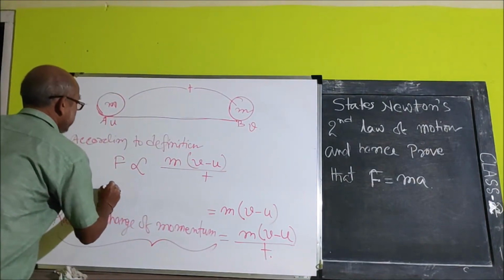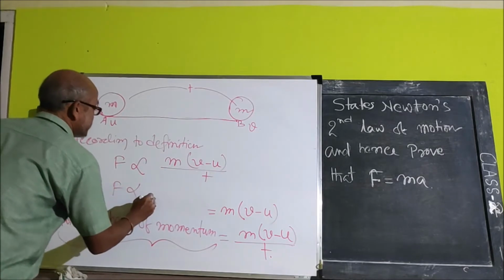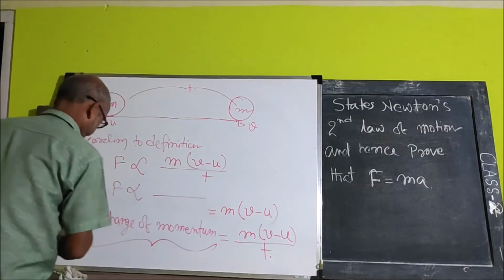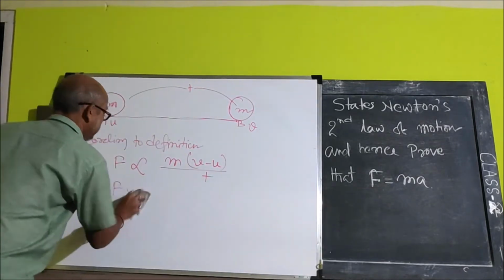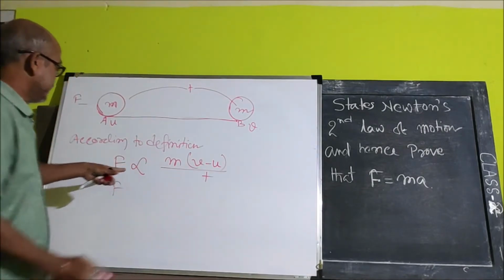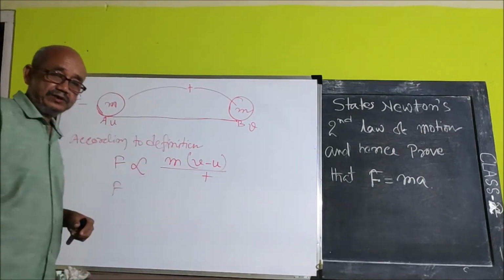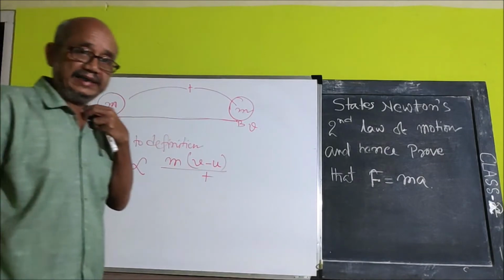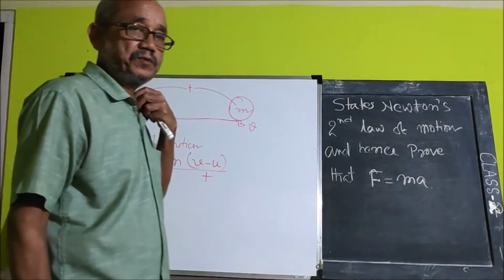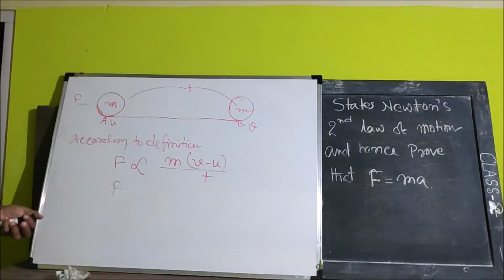Now you see here, F is proportional. When we remove the proportionality sign, we have to put in a constant.